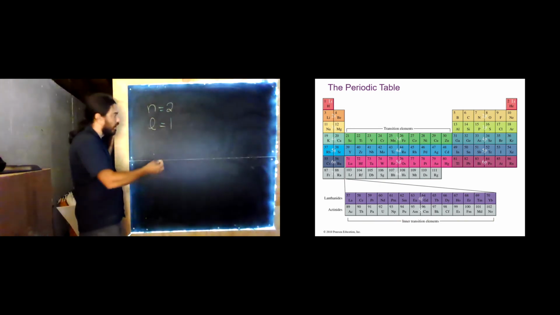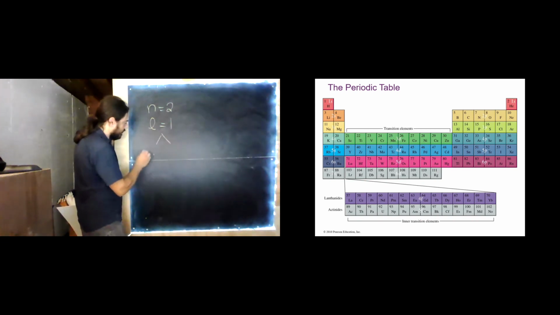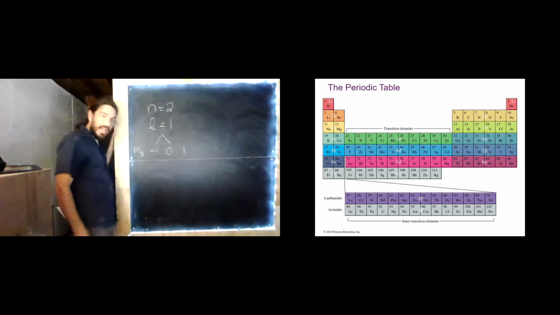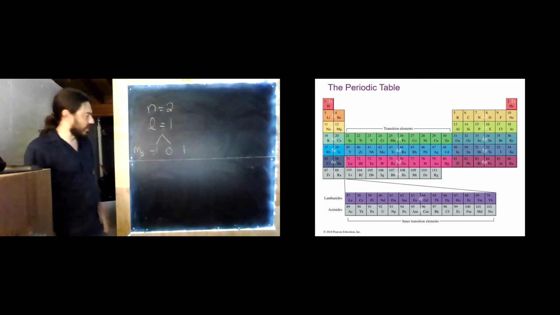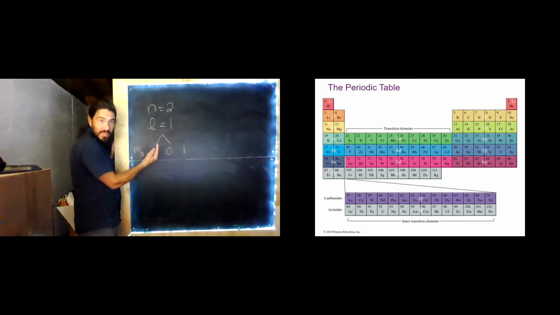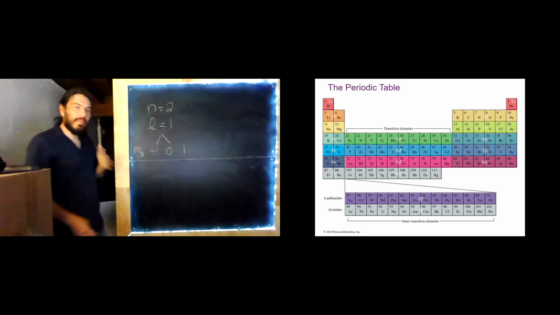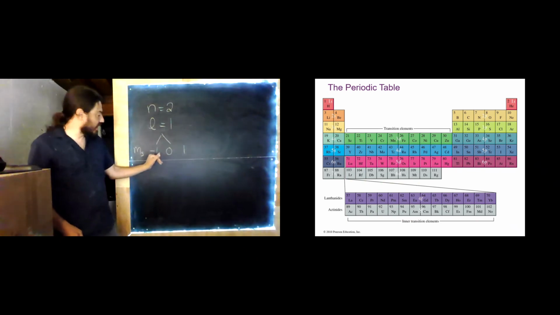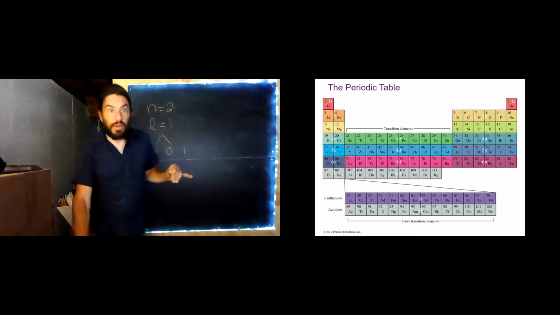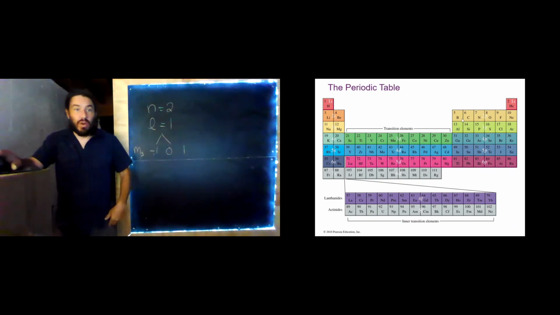Now, at this point, though, we can have either an m sub L of what? -1, 0, or 1, because m sub L can go from negative L to positive L. We could have spin up and spin down, or +1/2 m sub s, or -1/2 m sub s. So we've got spin up, spin down, spin up, spin down, spin up, spin down. There are 6 combinations of quantum numbers that can be allowed in the n equals 2, L equals 1 orbital, also known as the 2p orbital.